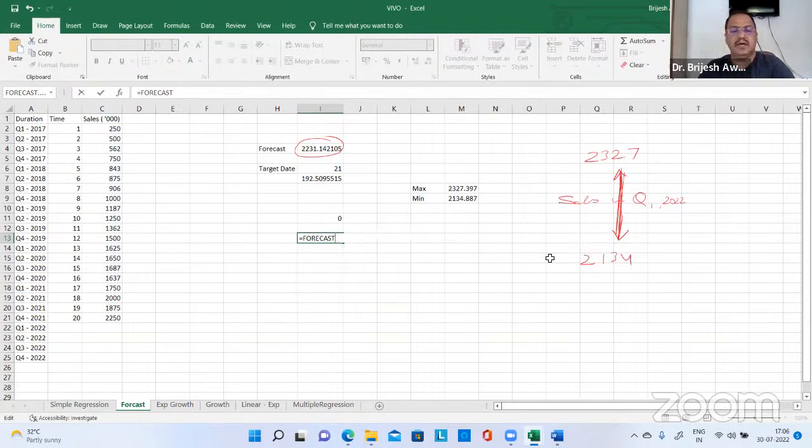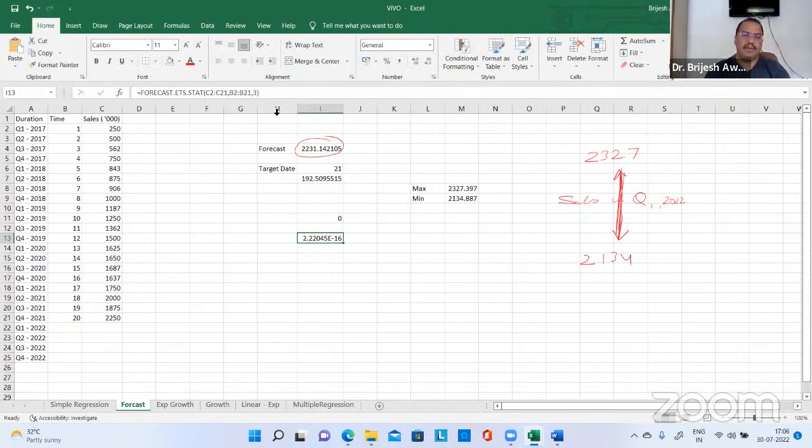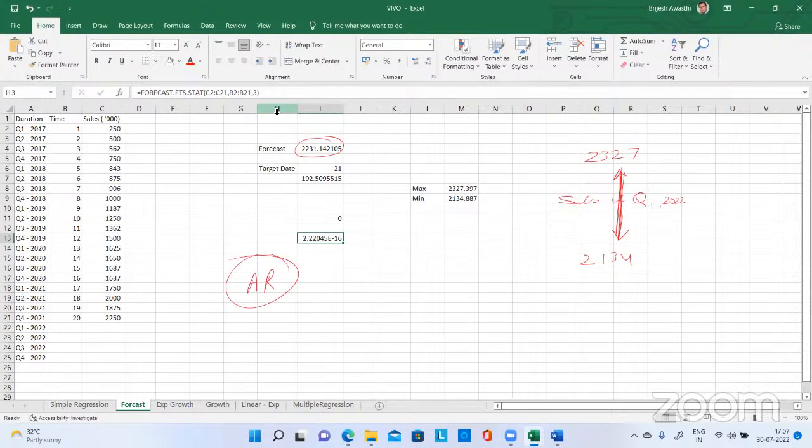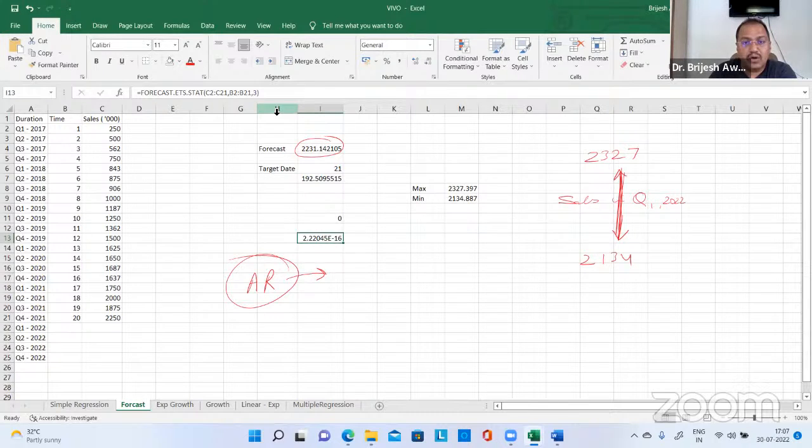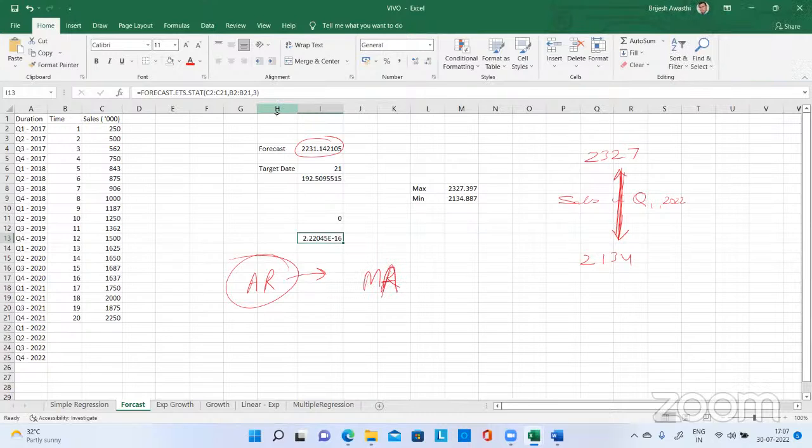Actually, there is an auto-regressive model. Today we are going to discuss AR, that is auto-regression. Yesterday, we talked about moving average.